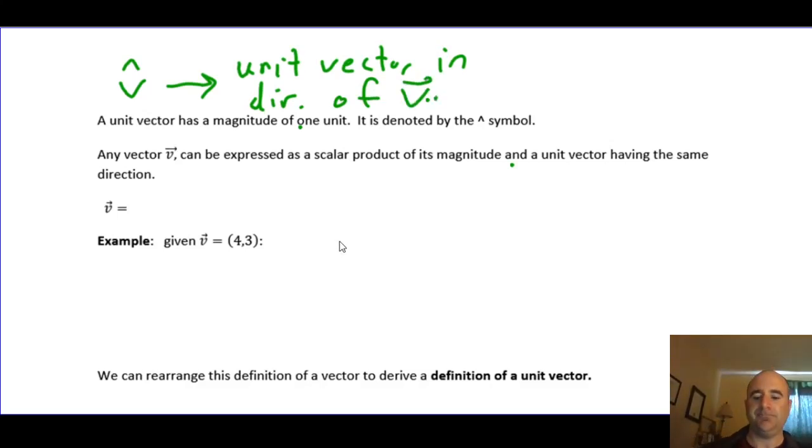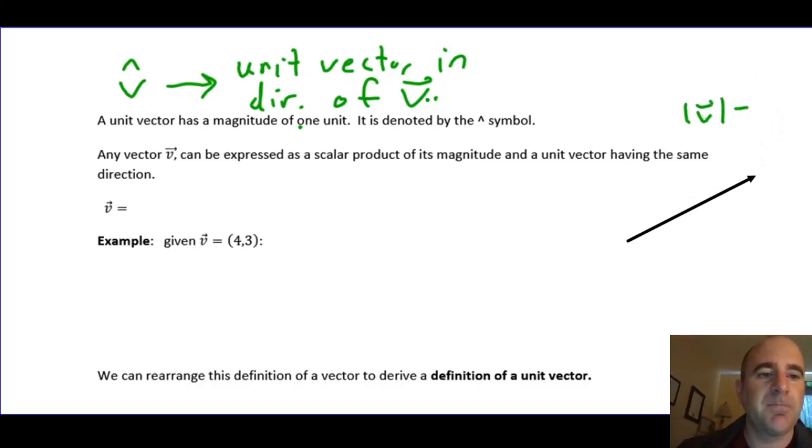Okay? Any vector V can be expressed as a scalar product of its magnitude and a unit vector having the same direction. So for example, imagine you had vector V, and let's keep it simple here, say that the magnitude of V was equal to 3. Well, that basically means that V could really be expressed as 3 times, I'll try my best to draw 3 here, that's not very good, but I think you get the idea.